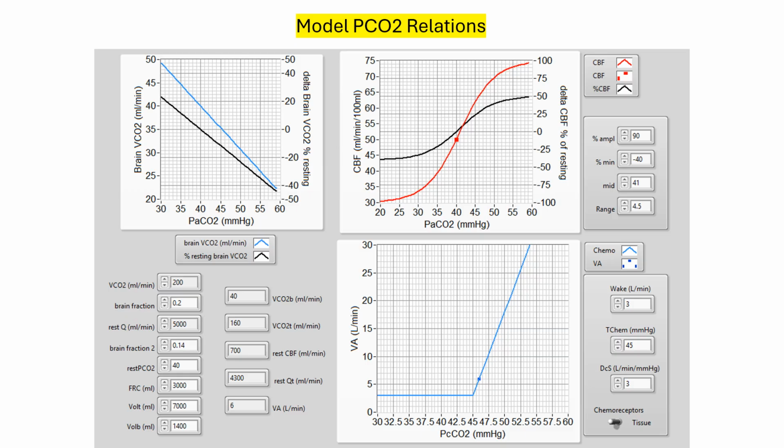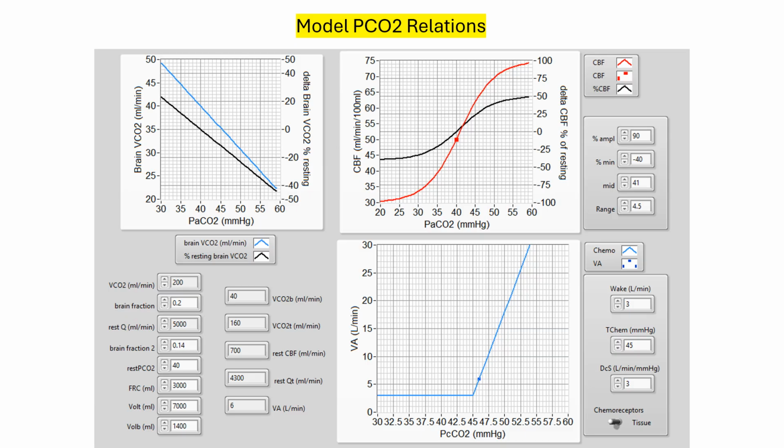The upper right graph shows brain compartment blood flow increasing sigmoidally with the arterial partial pressure of CO2, using the cerebral blood flow data from Yamashiro and Kato from 2021. The lower right graph shows the central chemoreceptor control of lung compartment alveolar ventilation, and I used my own equations from papers published in 2000 and 2010.